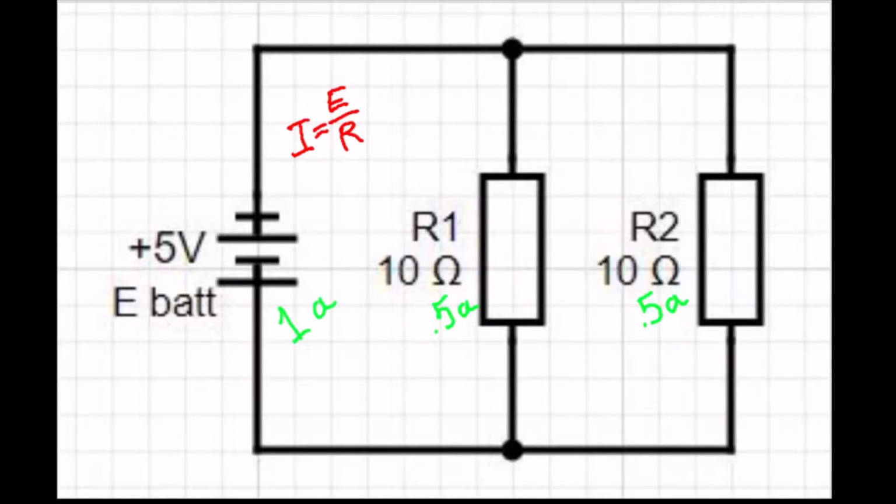So we're going to solve for resistance, so let's come up with the formula. Resistance equals voltage divided by amperage. Okay?